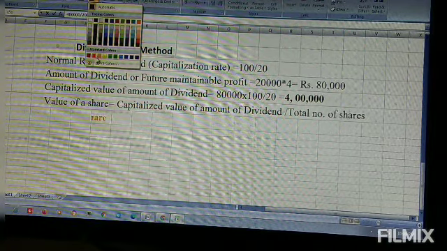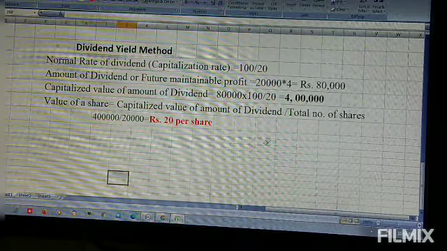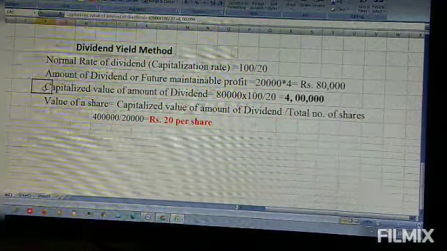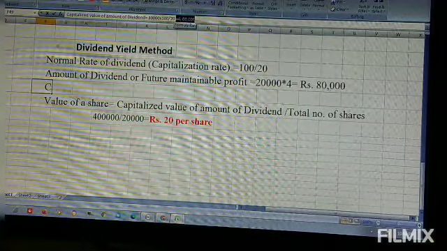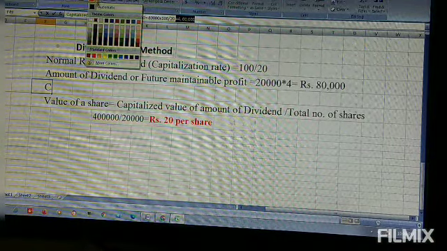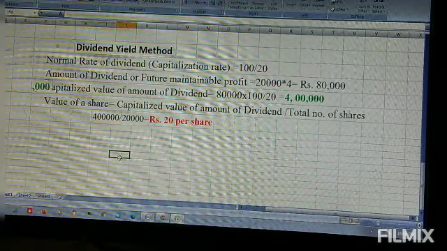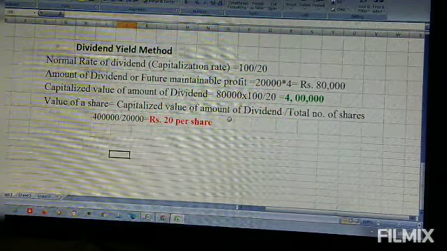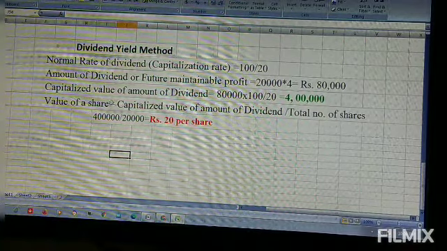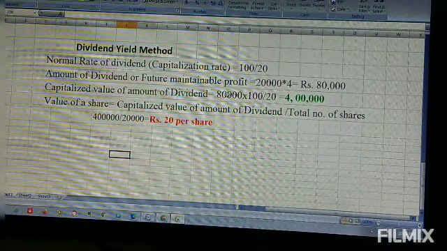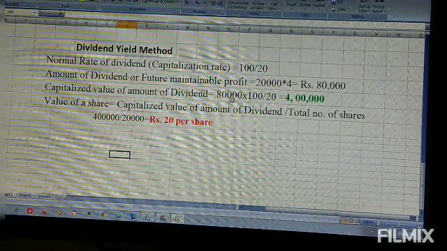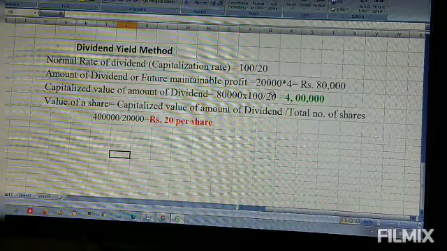If any confusion is there, you can ask us. If you don't have any confusion, you can try more problems of this kind. Very simple, no problem. You have to take the capitalized value of amount of dividend, and using that dividend you have to take the normal rate of return only to capitalize.